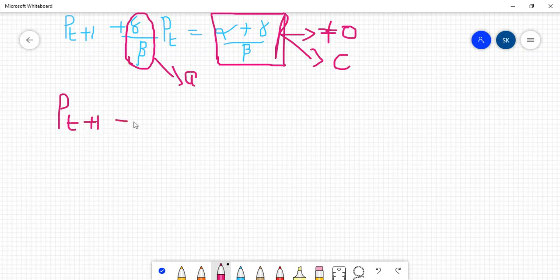Slowly and gradually, we are converting this into the first order linear difference equation. This is what we derived previously as well. In the end, when we get the solution, we will substitute the values of a and c in the equation.